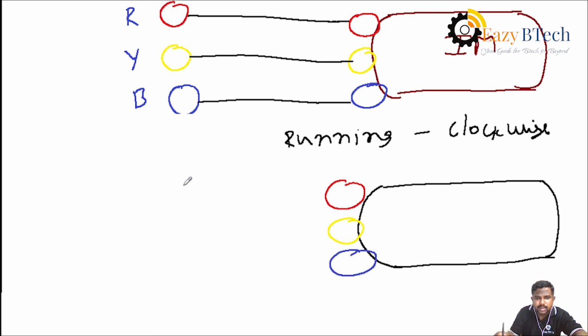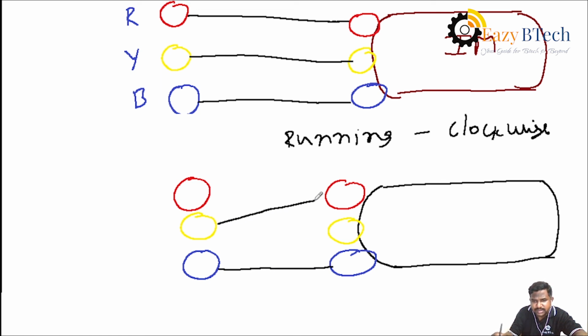Suppose R, Y, B here, and here also B, R, and Y. Then the connections will be reversed: B is connected together, and Y is connected to R and R is connected to Y. That is, any two phases in the sequence are reversed. First the induction motor runs in clockwise direction.